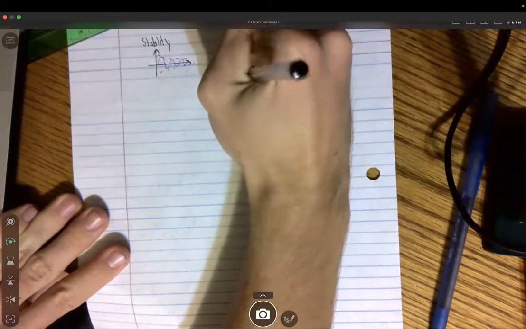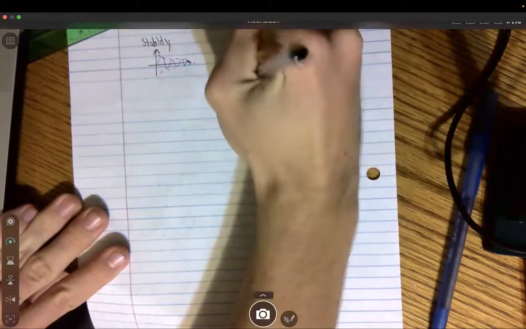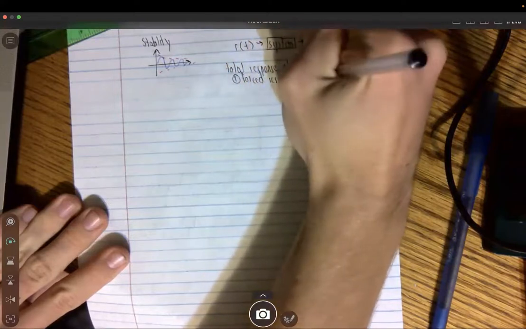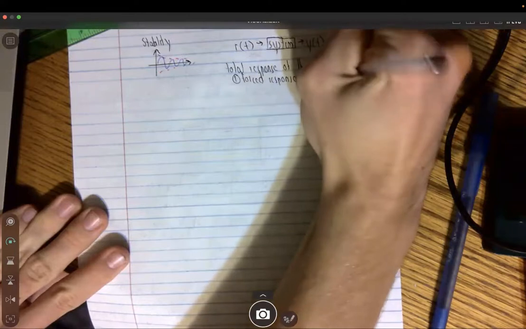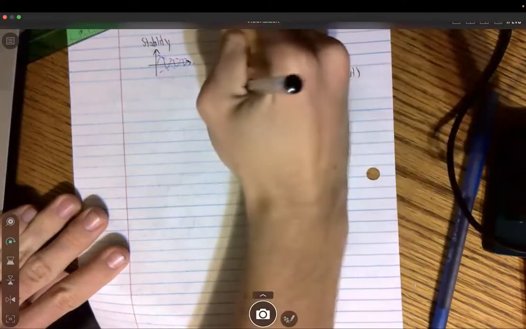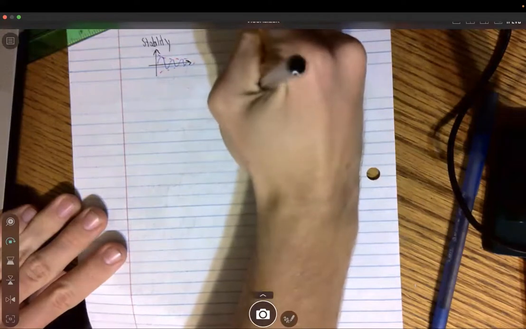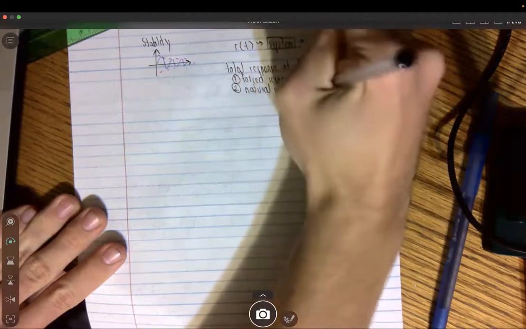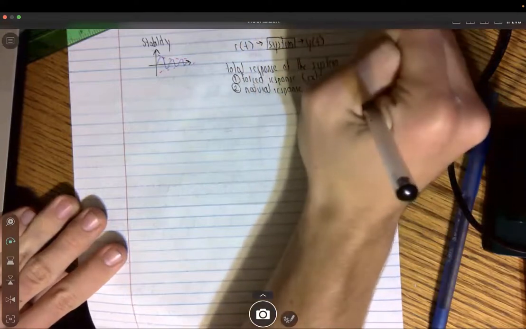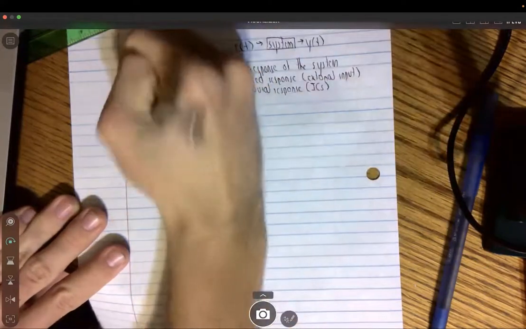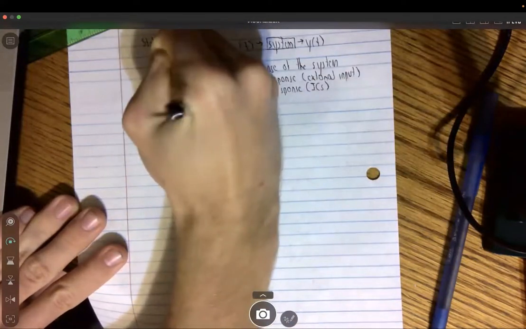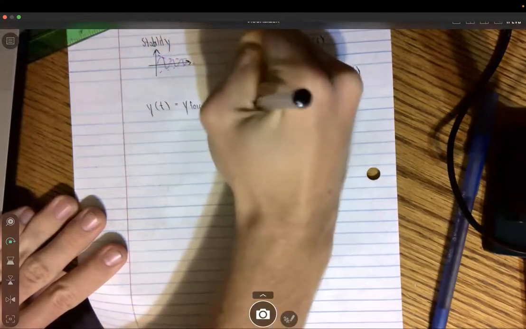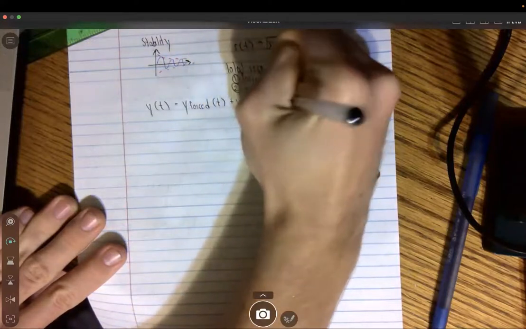The first part will be the forced response, and this is due to external input. And then you're going to have your natural response, and this would be due to the initial conditions. So those are the 2 types of responses that create the total response. So oftentimes we define the total response as y of t equal to the forced response plus the natural response, the initial conditions component.